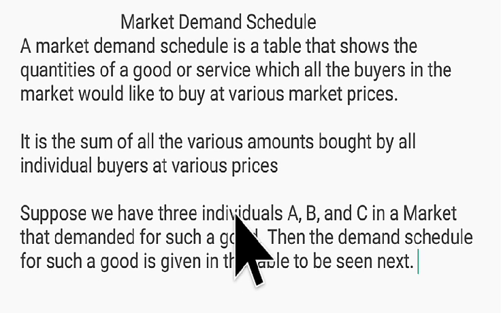Suppose we have 3 individuals, say individual A, B, and C, in a market that demanded such a good. Then the demand schedule for such a good is given in the table to be seen in our next page.